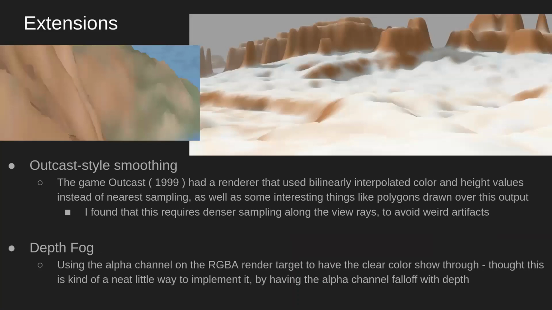One other thing I tried, and this is the same type of rendering, is done by a game a couple of years later called Outcast. Basically what they did to extend this algorithm was to filter the textures. I'm not really sure if I care for this so much, but it is definitely smoother.